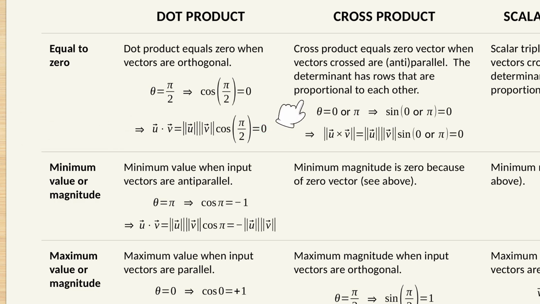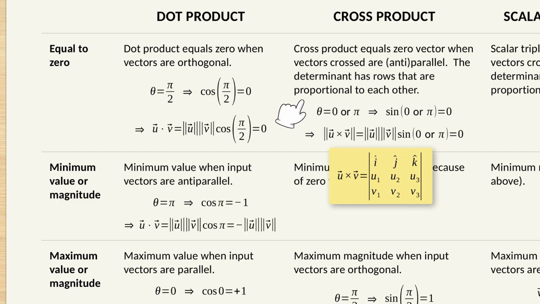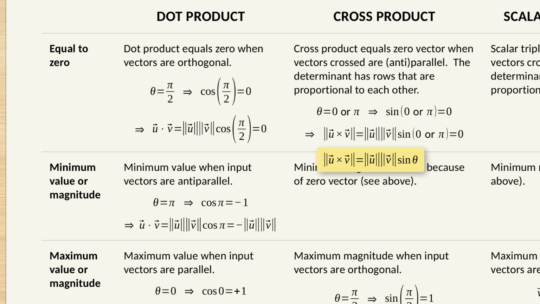The cross product can be evaluated as a determinant. According to the properties of determinants, when two rows are proportional to each other, proportional meaning scalar multiples of each other, then the determinant evaluates to 0. So if two vectors are parallel or anti-parallel, they're scalar multiples of each other, then the cross product will evaluate to 0. Using the formula from above, when the vectors are parallel pointing in the same direction, the angle between these two vectors is 0.